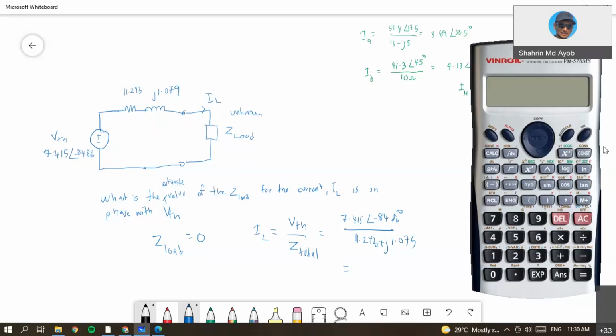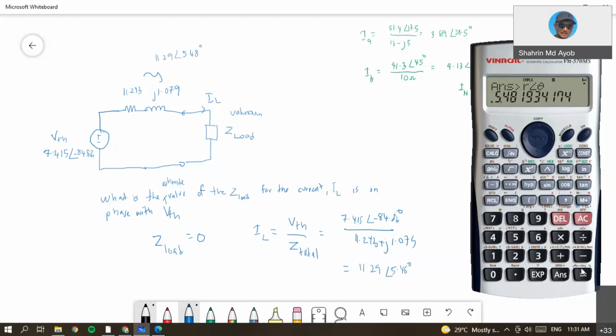In polar form, the denominator is around 11.29 with an angle of 5.48 degrees.